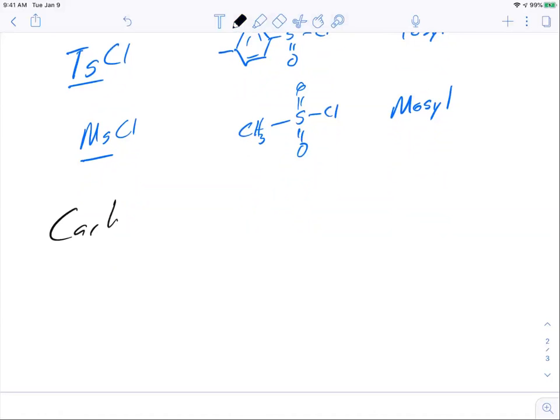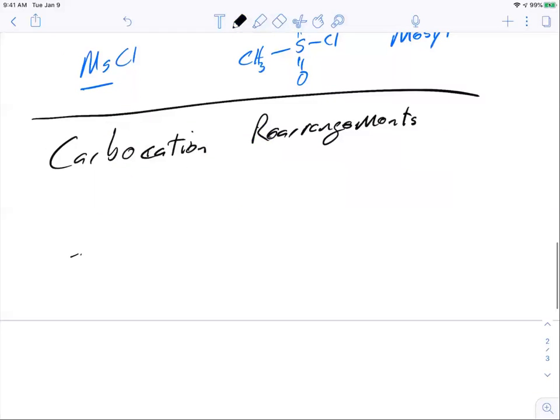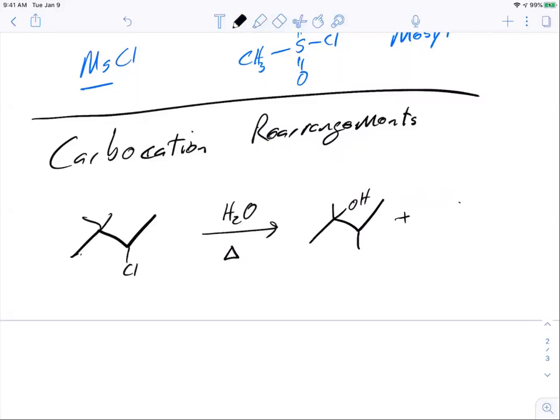The other thing we need to spend a little time on is carbocation rearrangements. And this one's really ugly, so I'll redraw that one.